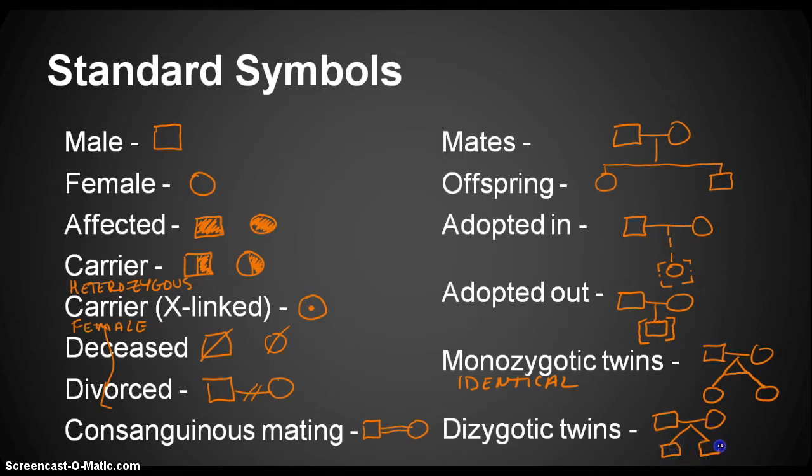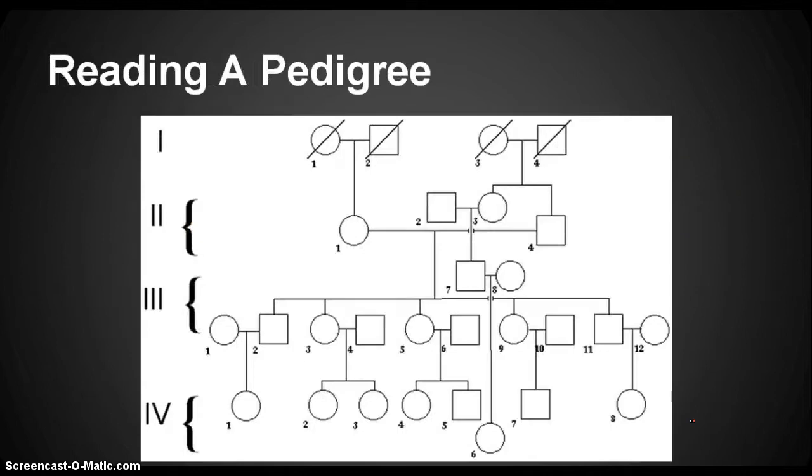So there we go. Now, if we don't know whether it's dizygotic or monozygotic, then we'll put a question mark right here indicating that we don't know. So that's the basics of all the symbols that we use in pedigree charts.